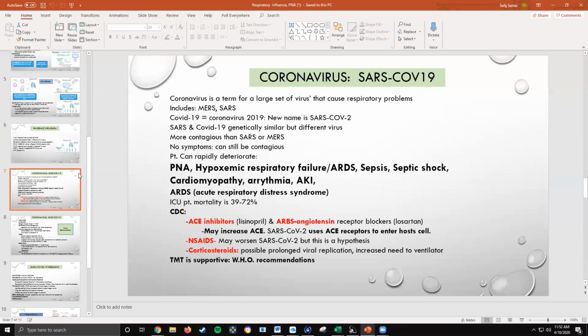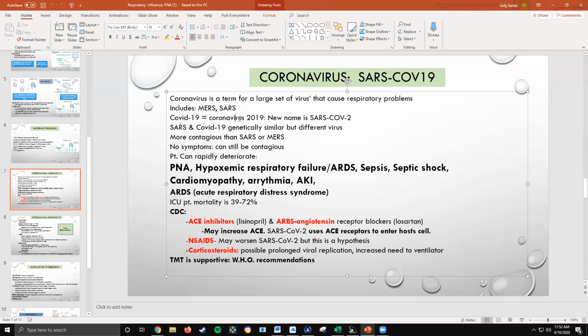Okay, so I know we talked about this in class, but things have changed. So I have a couple things for you here, and they're really just highlights. So just so that you know and you are educated on this, coronavirus is a term for a large set of viruses. So MERS and SARS, for example, are part of the coronavirus family.